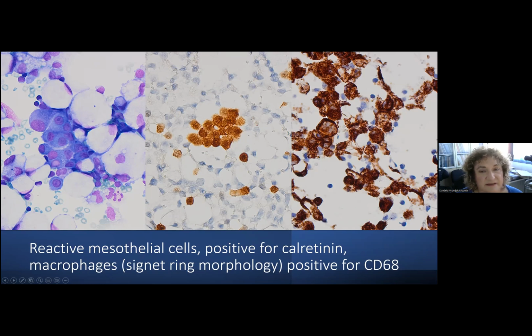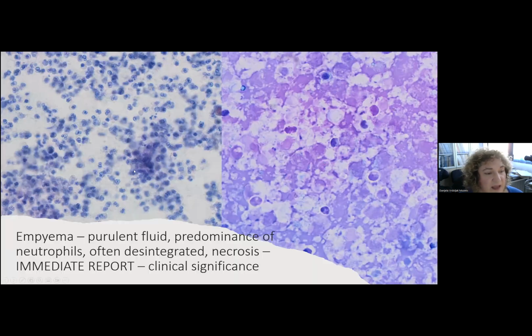So these cells are not epithelial cells. They are macrophages. Sometimes we only have purulent fluid with only neutrophils, often disintegrated with necrosis. So you may say this is inadequate, we don't have any target cells, we don't have mesothelial cells, but you have to report it immediately.